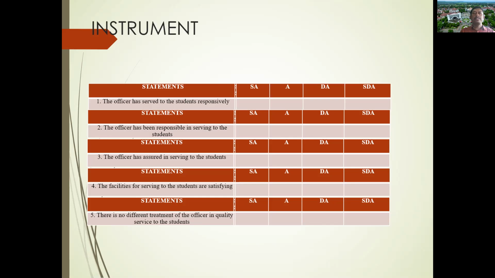The fourth, the facilities for serving the students are satisfying. And the fifth, there is no different treatment by the officer in quality service to the students. The answers will be 4 like this: strongly agree, agree, disagree, and strongly disagree, or you can range it to 5 or 6 answers. It is up to you.